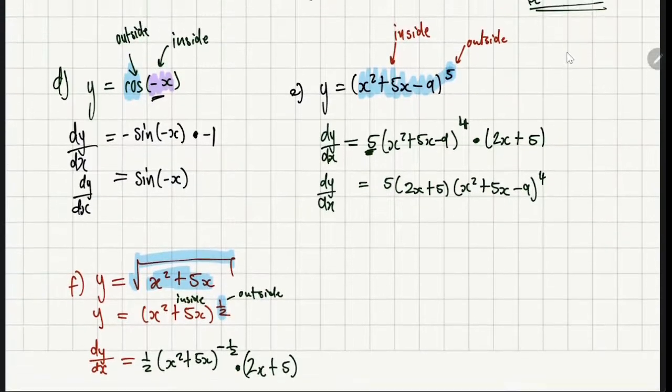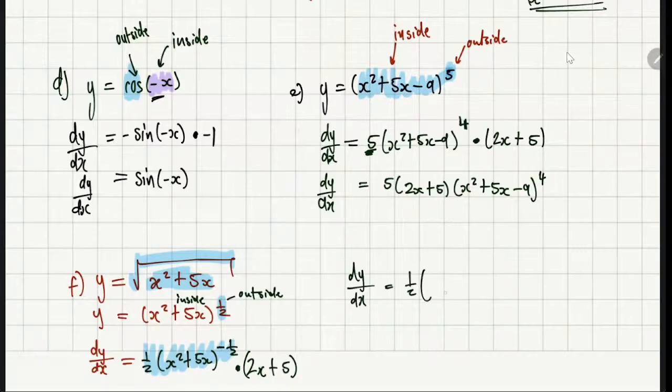Now, this one, I want you to know this one. When something is to the power of a negative number, you put it in the denominator to make it positive. So your dy dx is half multiplying 1 over x squared plus 5x to the power of half.